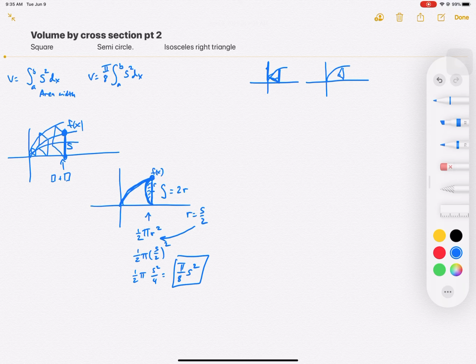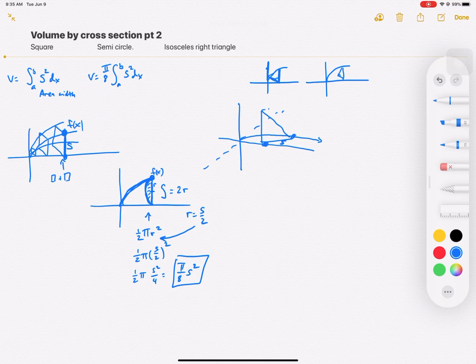If it says sitting on its leg, let's look at this picture. This would be our s side, because that's the full length.